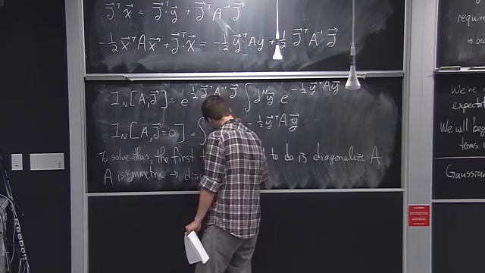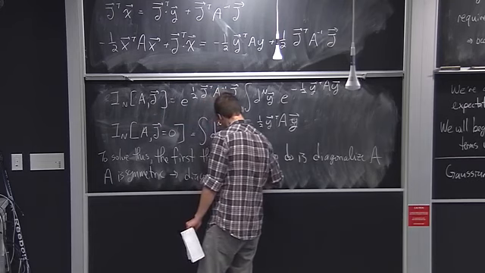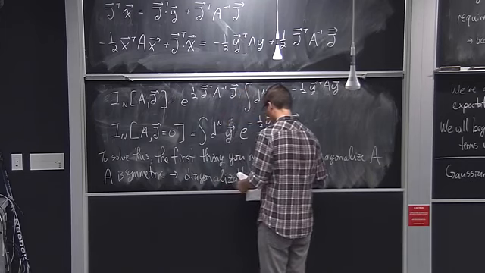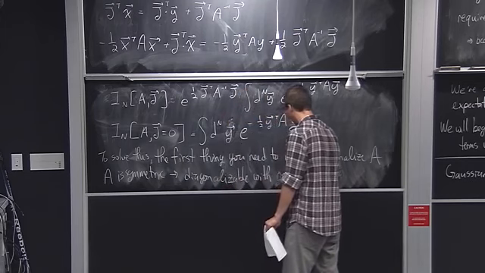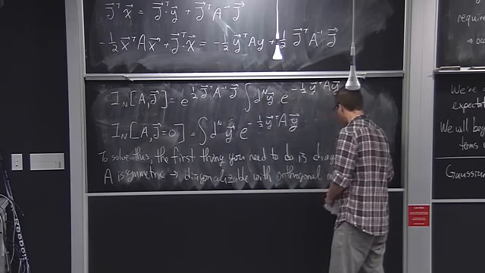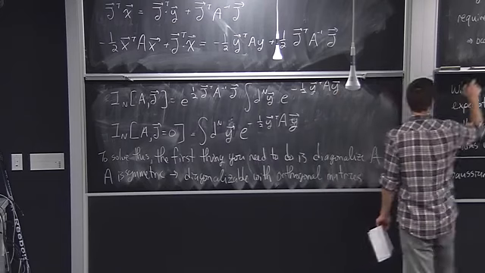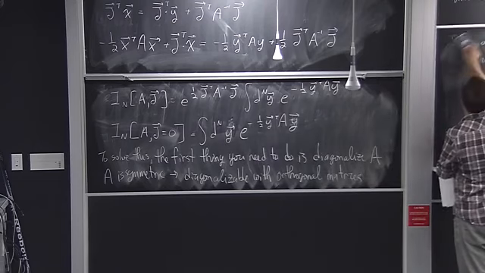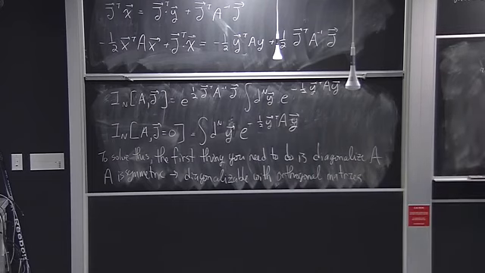Diagonalizable. I guess that's important when you have to worry about the Jacobian.